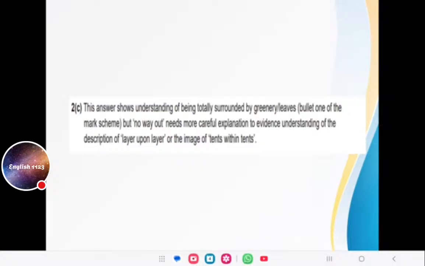Basically, you have to talk about the complexity of that structure. The structure of the tree was so complex because of those layers of leaves that it was impossible for a person to find his way out. Then you might have got your answer.